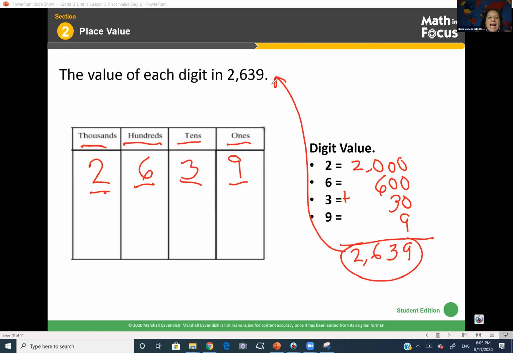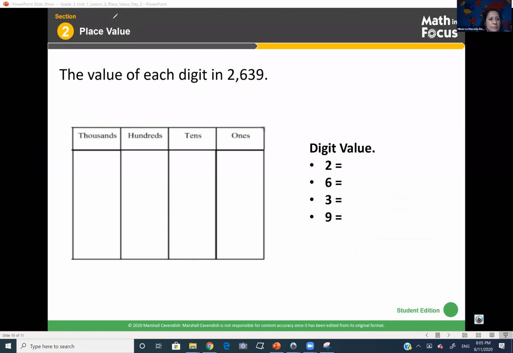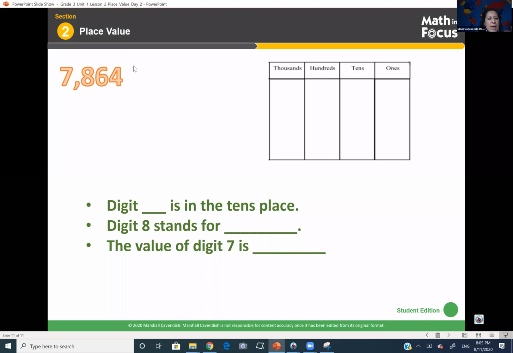Now let's go for the last part of today's lesson. Now we have the number 7,869. So the first thing I'm going to do is to put it in the place value chart, and then I'm going to find the missing answers here. So let's do it together.